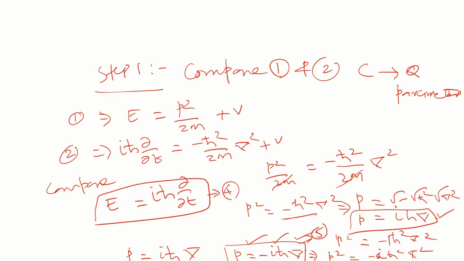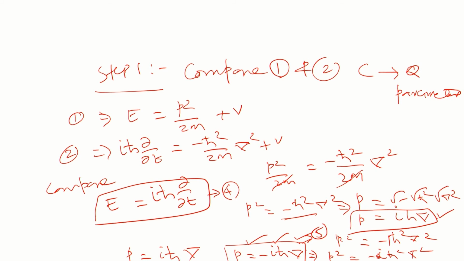So we are left with two equations. By step 1, we have obtained two equations, the equivalence for energy and the equivalence for momentum, so the classical to quantum exchange can be done by step 1. E = iħ ∂/∂t and p = -iħ∇.